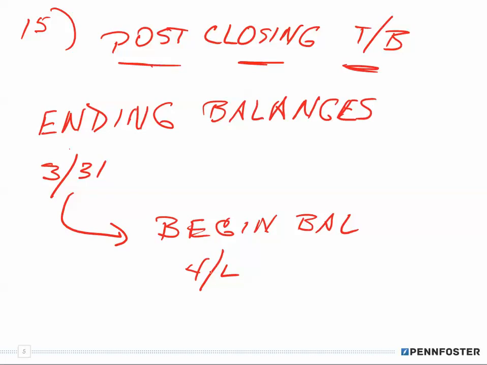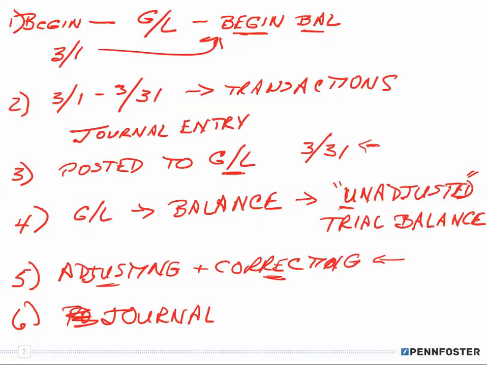So now we're back to that spot. We're back here, let me jump back to number 1 again. Now we're back to the beginning where we're taking the ending balances from the previous accounting period and we're making them the beginning balances for the next accounting period.